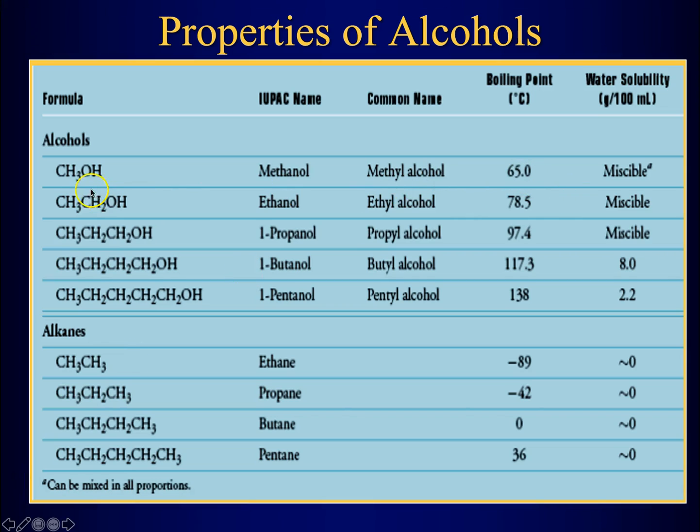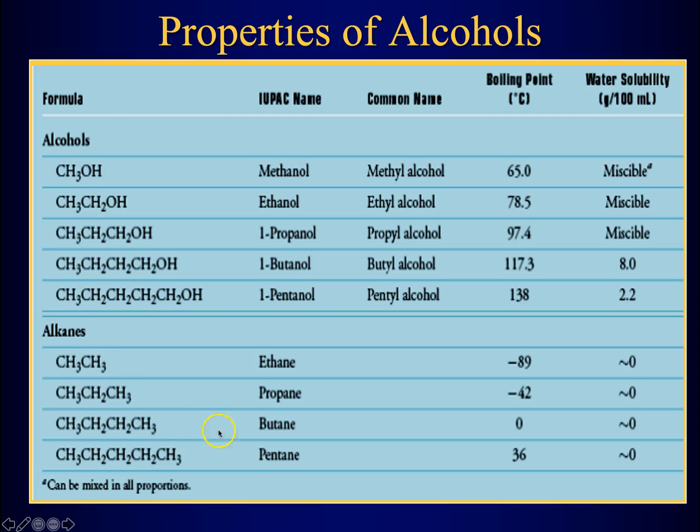Also notice that as we increase the number of carbons, we are increasing the London dispersion forces, so the boiling points do go up as I add carbons. But what I wanted to show you mostly was the comparison between alcohols and alkanes.